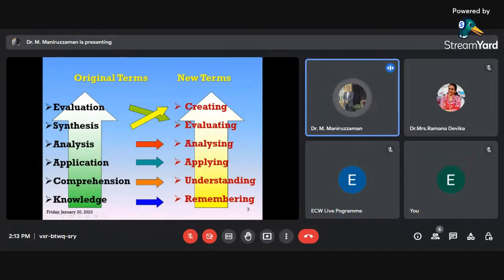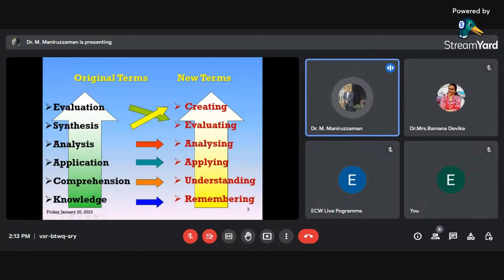And here I have shown the 6 levels of learning with some brief explanations. Creating means generating new ideas, products, or ways of viewing things: designing, constructing, planning, producing, or inventing. Evaluating means justifying a decision or course of action: checking, hypothesizing, critiquing, experimenting, judging.